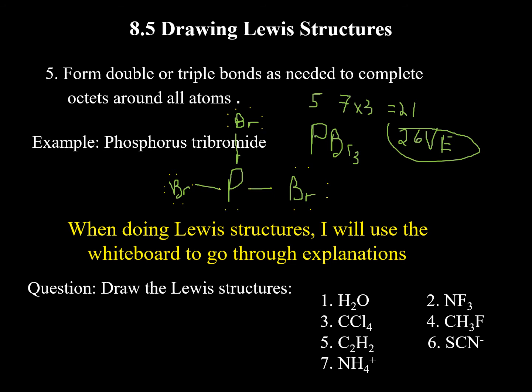When you draw Lewis structures, you should go by hand, use a pencil and paper, and use an eraser because you use a lot of trial and error. So we used up our 26, and we see to make sure each one has 8.